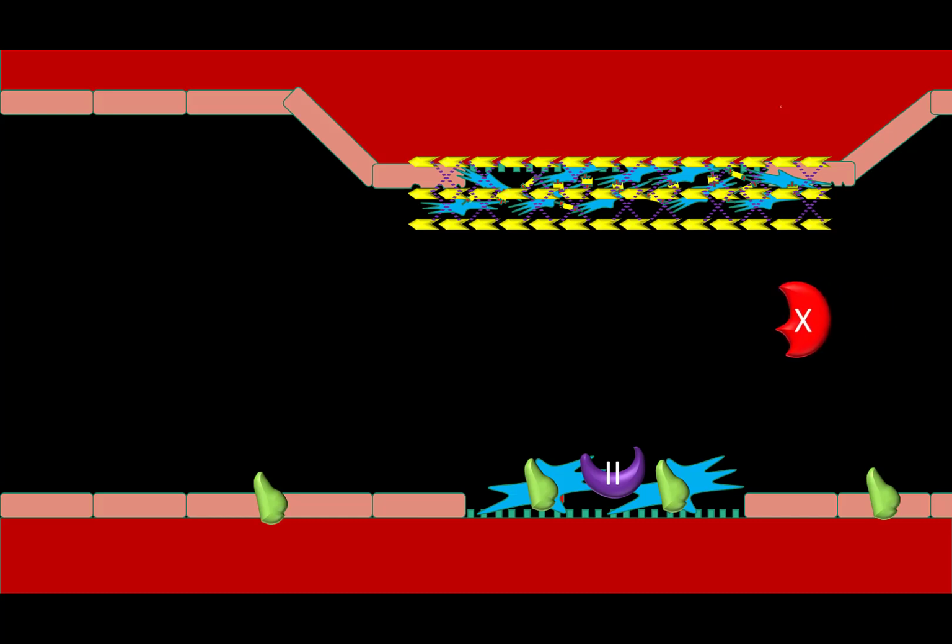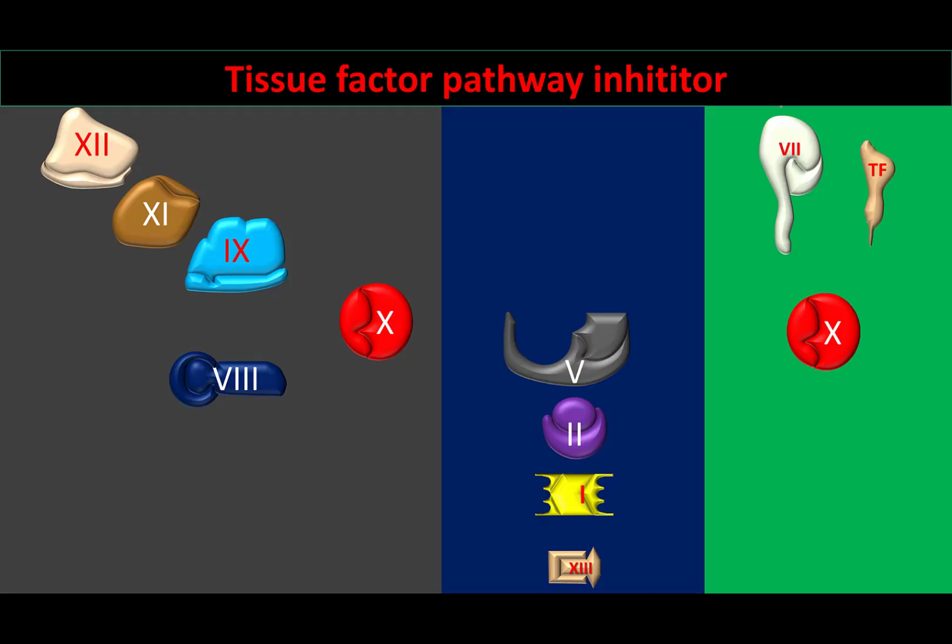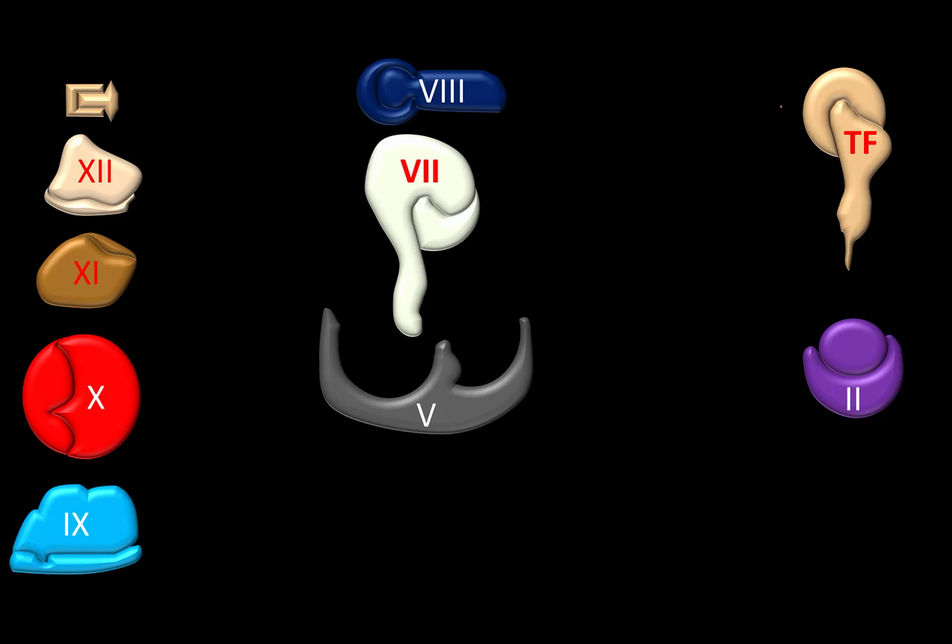This binds to factor 10 and inhibits it, forming a complex with factor 10, and then this complex inhibits factor 7. So it inhibited factor 10 and it inhibited factor 7. The tissue factor pathway, the extrinsic pathway, is completely inhibited, so there is no extrinsic pathway. This is how tissue factor pathway inhibitor works, by blocking factor 7 and factor 10.